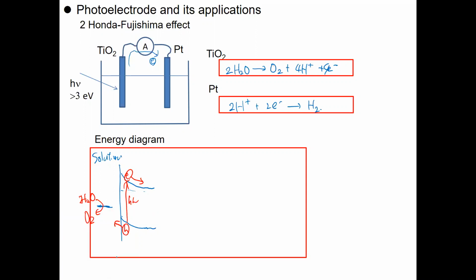And this is next connected with a wire, right? So the semiconductor must be smoothly connected with the conducting wire, and this must have the same Fermi level.